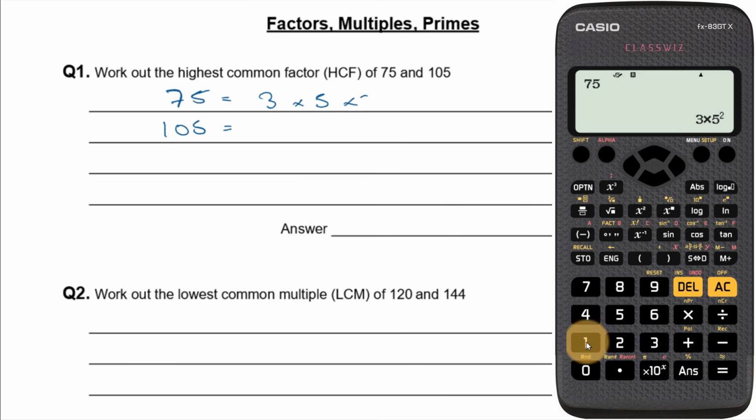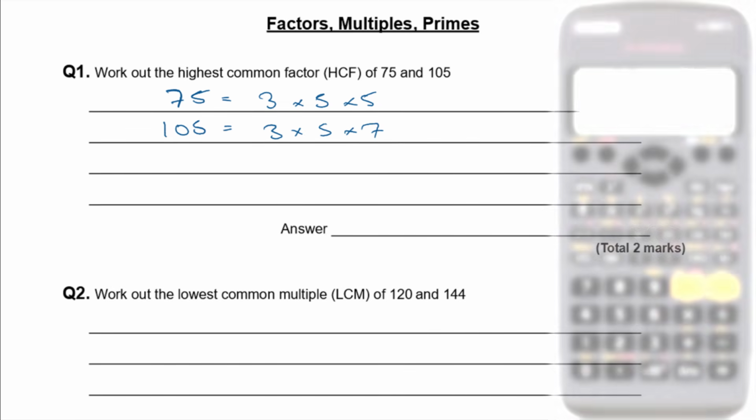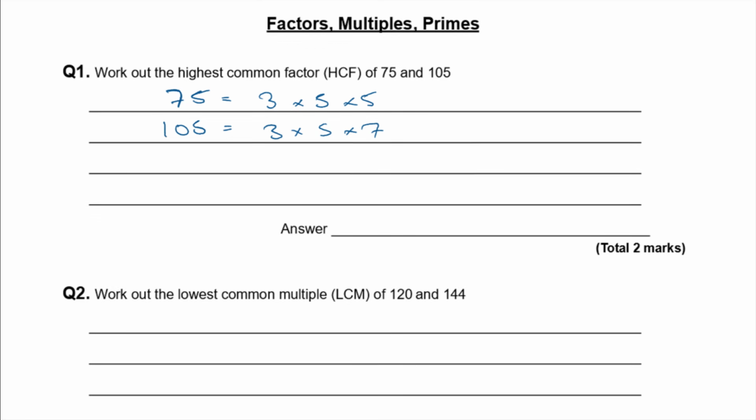I'm just going to write that as 3 times 5 times 5, and then the other one, 105 equals and then shift fact. That tells me it's 3 times 5 times 7. Okay, and then the HCF is just every pair of numbers that are in both. So I've got a 3 in both and a 5 in both. So my HCF is going to be 3 times 5, it's 15. And that's my answer, 15.